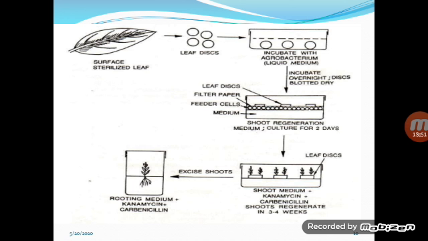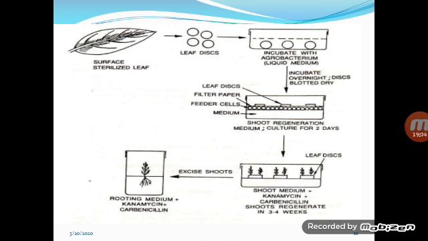In shoot regeneration medium, the leaf discs are kept for 2 days. Then these leaf discs are shifted onto the shooting medium. Shooting medium consists of kanamycin for transformed plant selection and carbenicillin or cefotaxime.